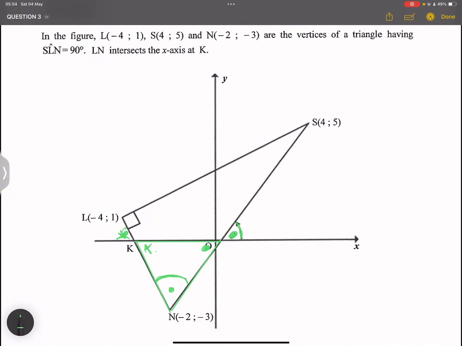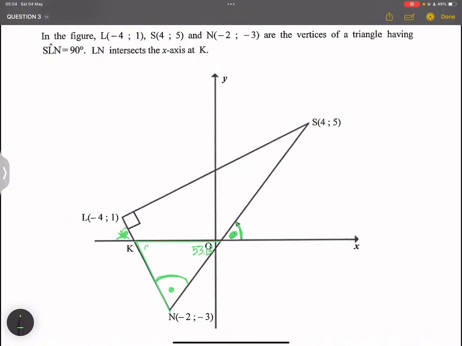So that simply means that to get that angle, we'll simply say 180, sum of angles in a triangle, 180 minus this angle minus that angle over there. We already know the angle theta, so we already know that this is 53.13.